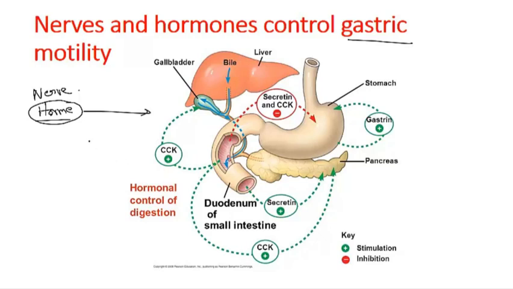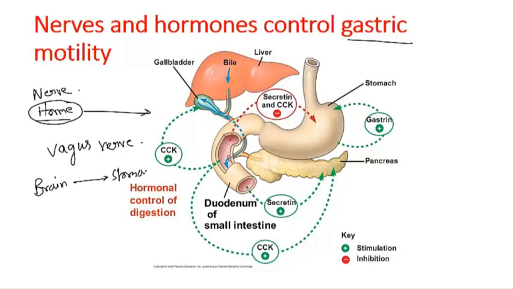The cephalic phase is regulated by long reflexes, and especially the vagus nerve. The vagus nerve regulates the long reflexes in the cephalic phase. Okay, and this vagus nerve carries the signal from the brain to the stomach.